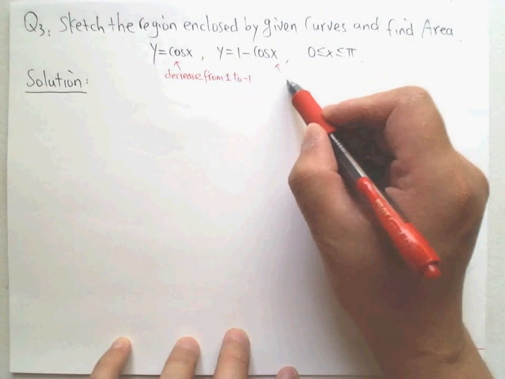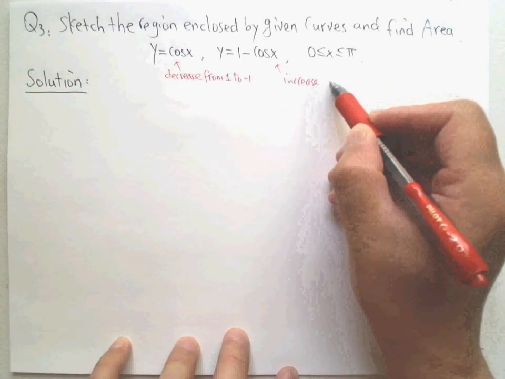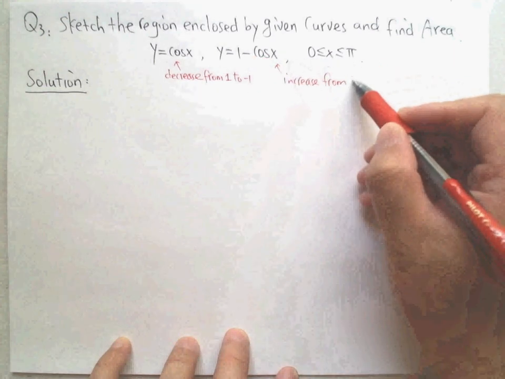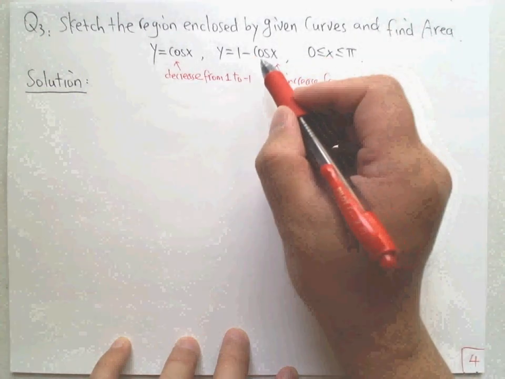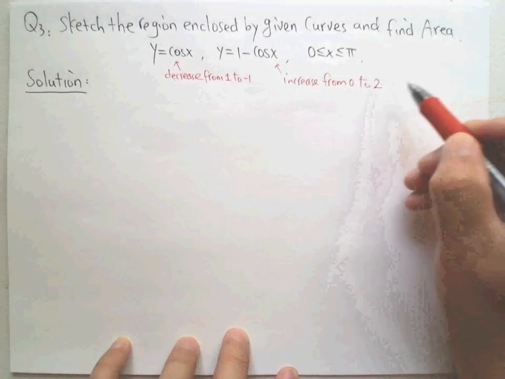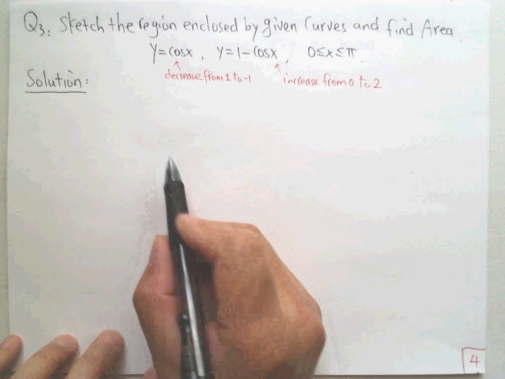Because 1 minus 1 is 0. So this is increasing from 0 at x equals 0 to x equals pi, the highest point, where cosine pi is -1, and 1 minus -1 is 2. See? Okay, so I have the basic information.